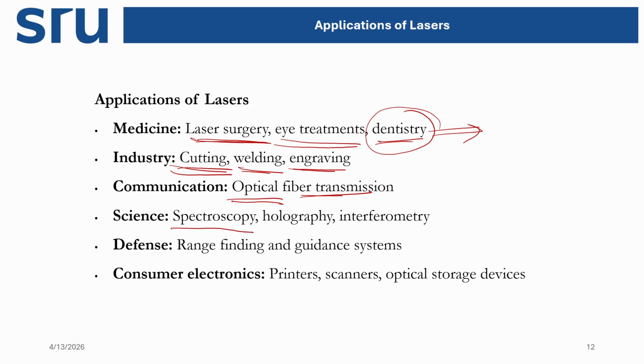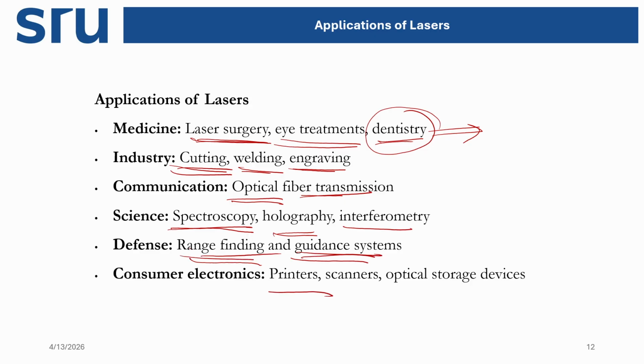It is also used for research purposes, for spectroscopy, holography, or interferometry. So in science, laser light has been extensively used. And for defense purposes, for range finding or guidance systems, laser light has been used.